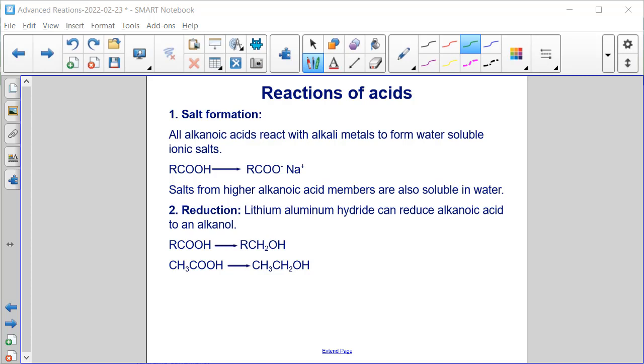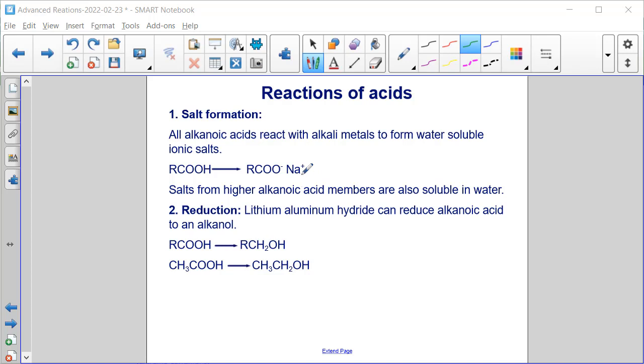All alkanoic acids react with alkali metals to form water-soluble ionic salts. Salts from higher alkanoic acid members are also soluble in water. So you can form a water-soluble ionic salt in reaction with an alkali metal.